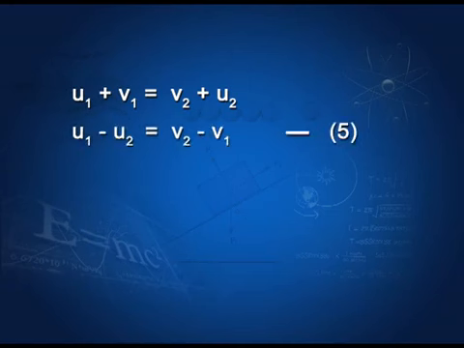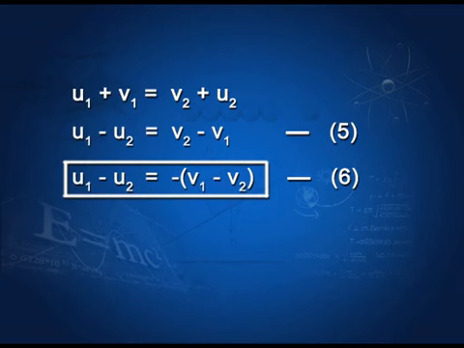Now, dividing equation 4 by 3, we will get u1 plus v1 equal to v2 plus u2, and this equation can be written as, if you just pile up all the u's, the initial velocities, they will be giving this value. This result can be written in another modified way, and that would be u1 minus u2 equal to minus (v1 minus v2). Let us call this one equation 5 and this one equation 6.